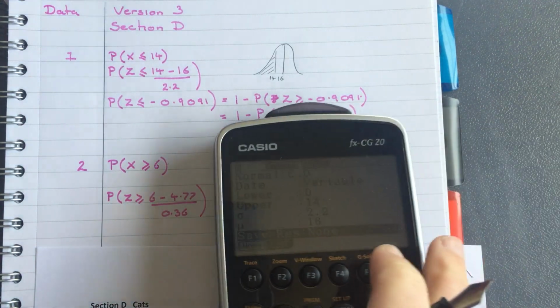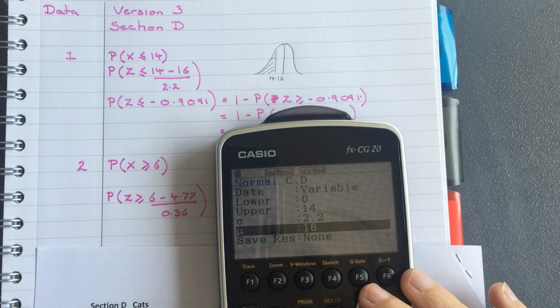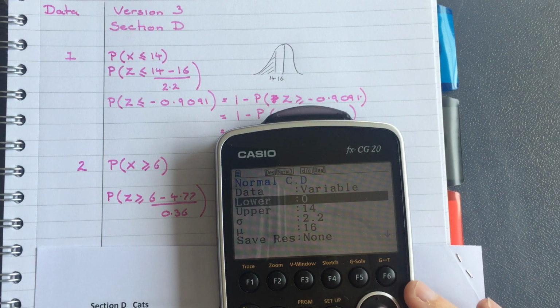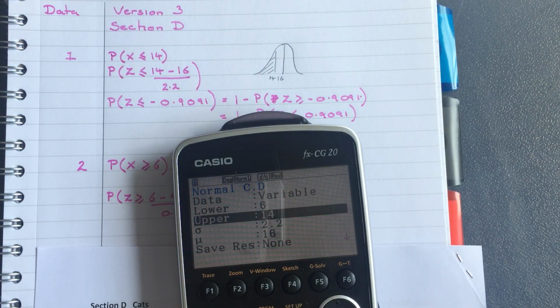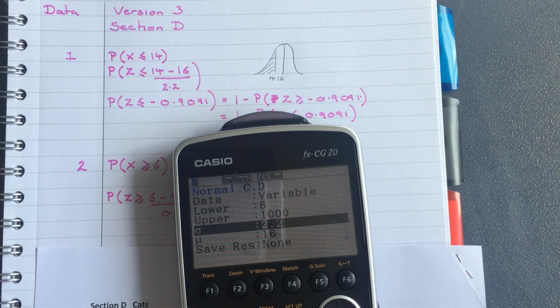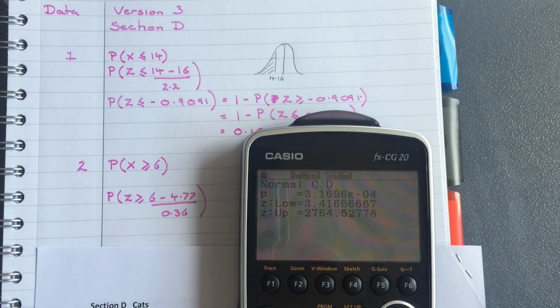Okay, calculator. In this case, our lower bound, because we want it going above, is 6. Our upper bound is something ridiculously big, 0.36 for our standard deviation, 4.77 for our mean.